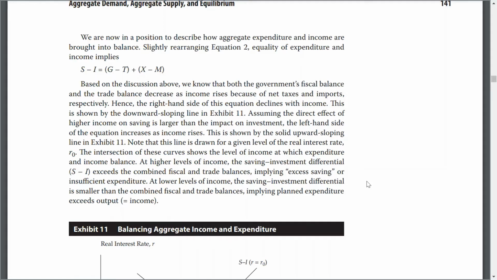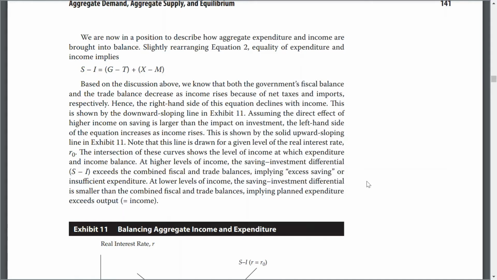Hence, the right-hand side of the equation declines with income. This is shown by the downward sloping line in Exhibit 11, assuming the direct effect of higher income on saving is larger than the impact on investment. The left-hand side of the equation increases as income rises. This is shown as the solid upward sloping line in Exhibit 11.